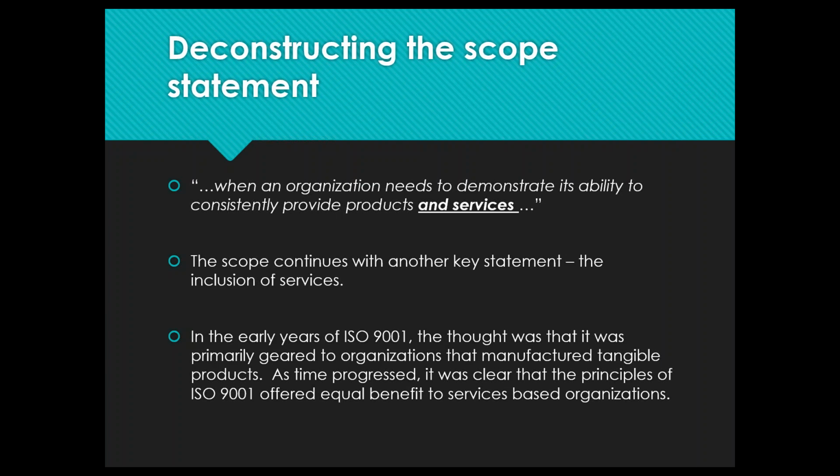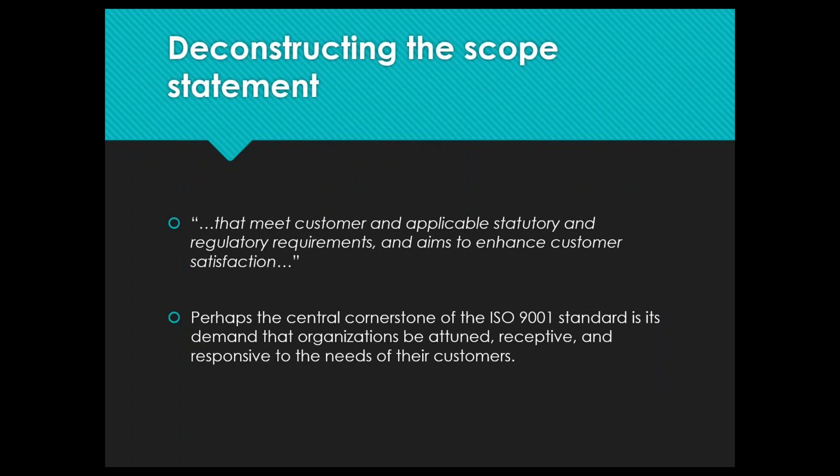If you go back to the early revisions of ISO 9001, because of how it was written, the presumption was that it was strictly a product standard, a manufacturing standard. The intent was always that it would be equally beneficial to service-based organizations, and now it's been written in such a way that that is the case.